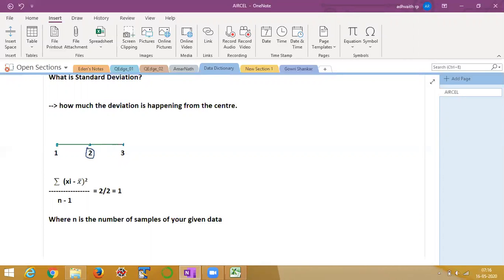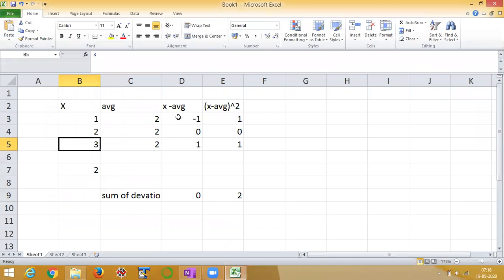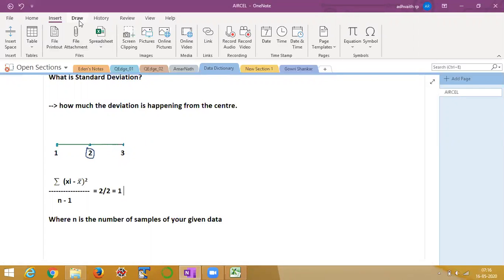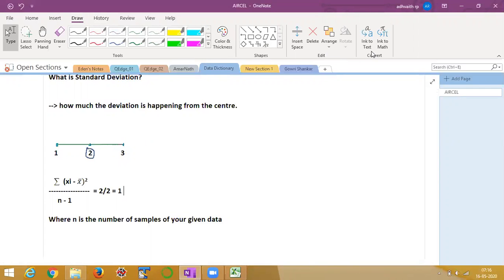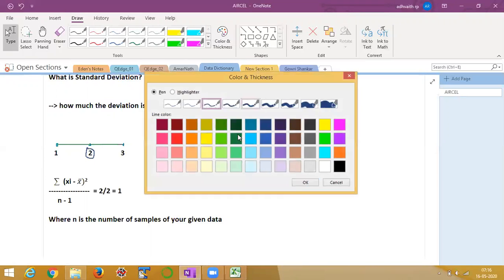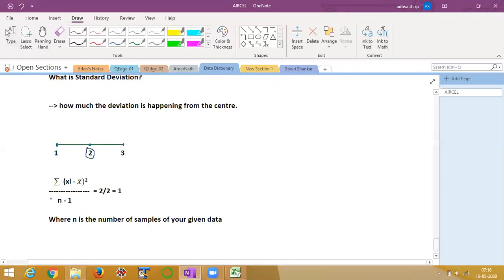To cancel out the minus values, we made it square earlier, right? To balance those things, I will insert a root. So how do we write the root? Just a minute. Like this.